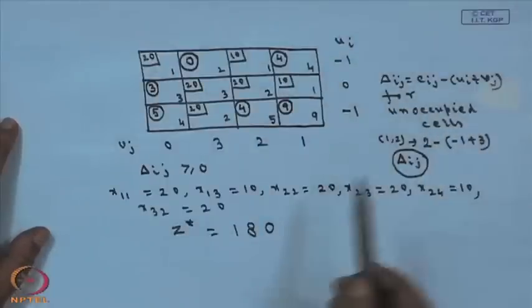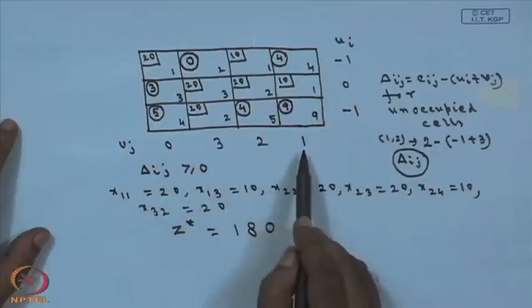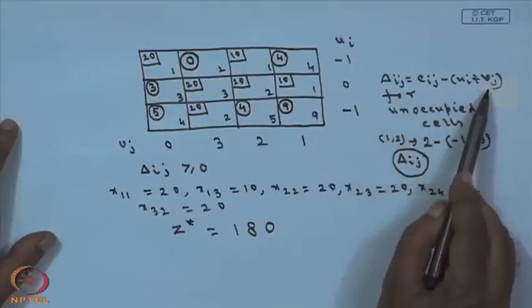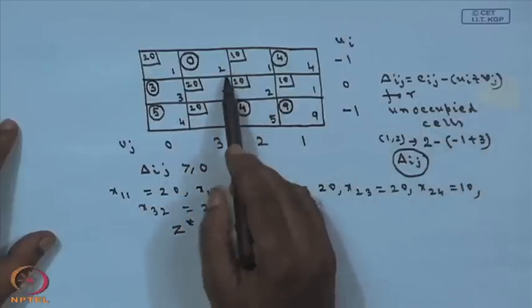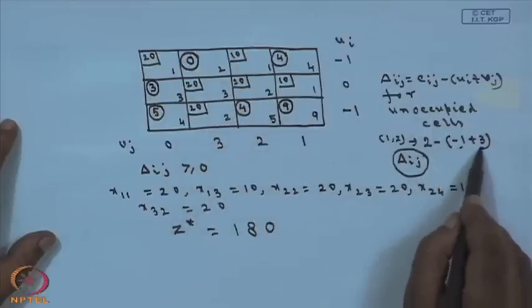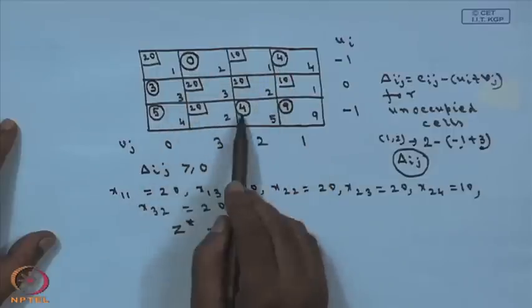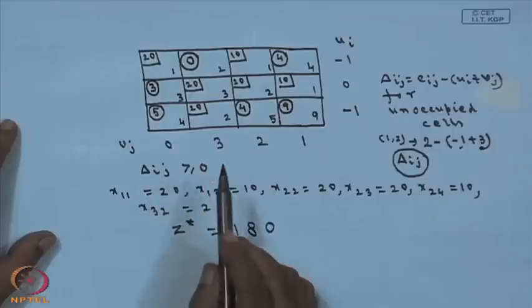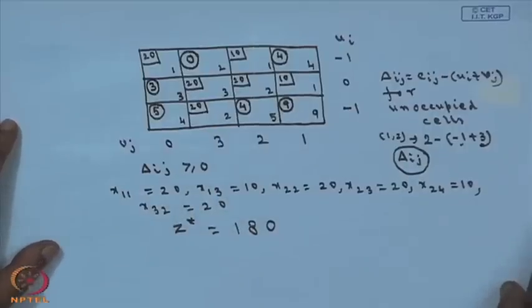Then in the next step you rewrite the table in this particular format, you calculate ui, you calculate vj, then you calculate delta ij equals Cij minus (ui plus vj). Just like 2 minus (1 plus 3), and that value is 0. Like this way, for all unoccupied cells you are calculating the delta ij. If delta ij is greater than or equal to 0, you will stop, and this is the optimal solution. So, optimal solution exists. So, this is one case.